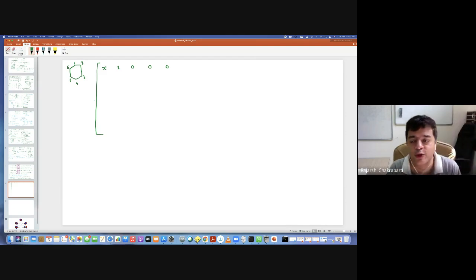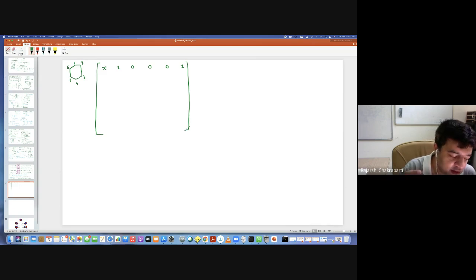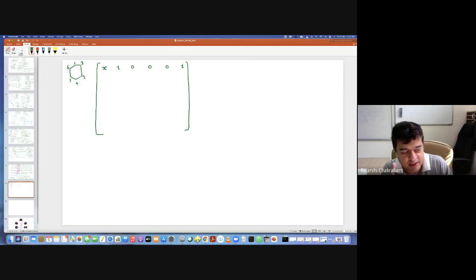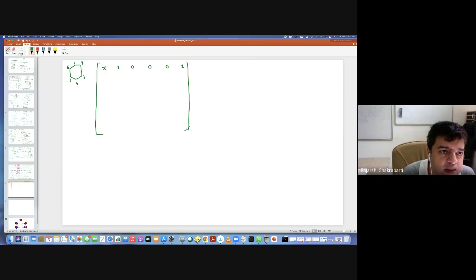Because of that, it is no longer 0, like in the case of butadiene or anything. So they are non-zero, and this is 1, isn't it? That is how it is different, because 1, 6 are neighbors, like 1, 2.